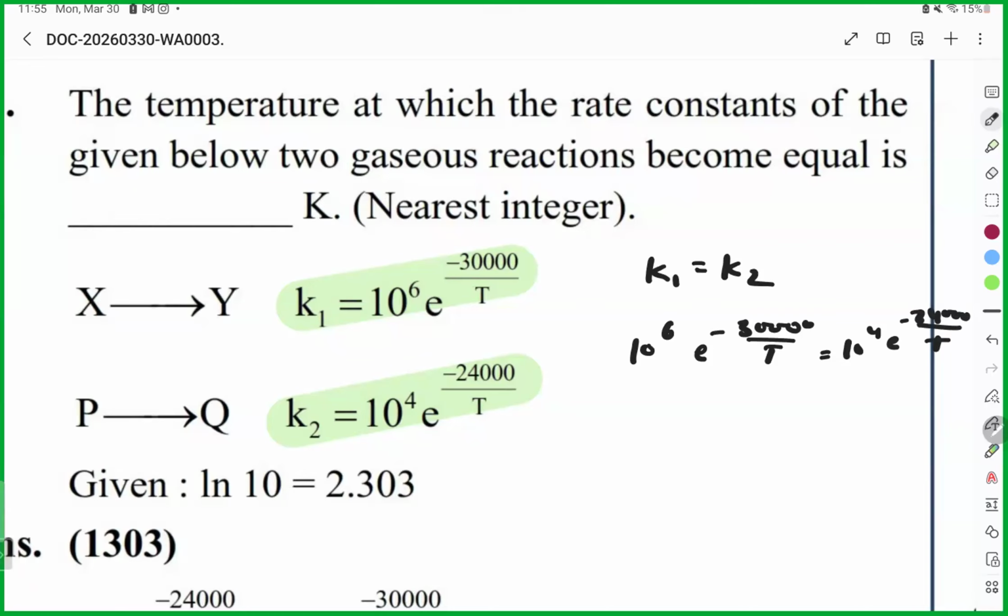Because it is saying rate constant should be equal, in the nearest integer. So what will be the value? One is 24,000, another is 30,000.